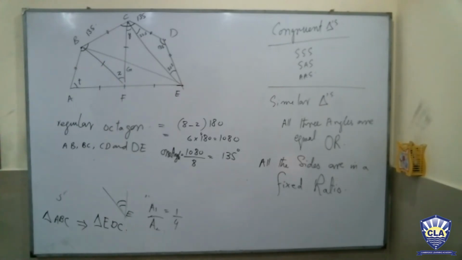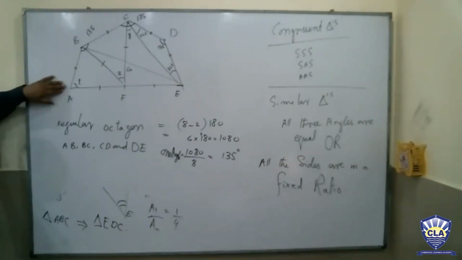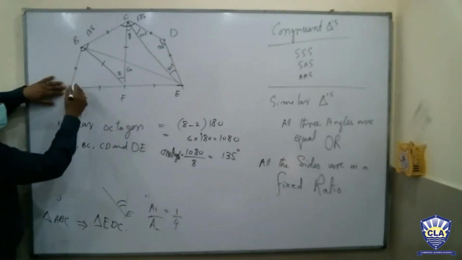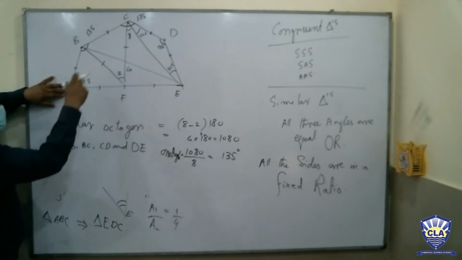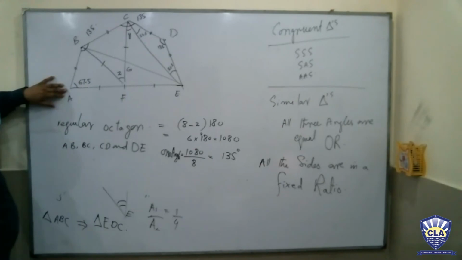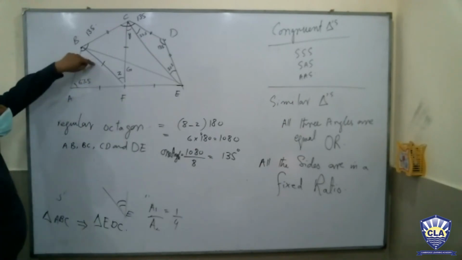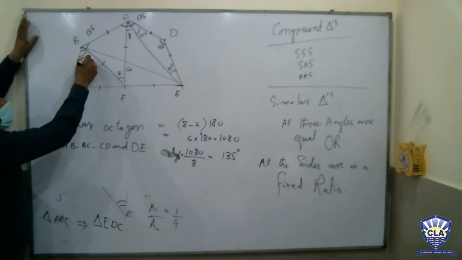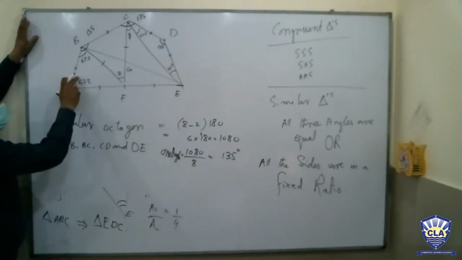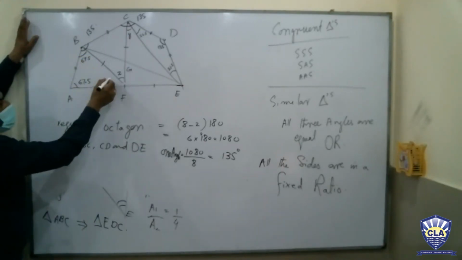Opposite. 67.5, 135 divided by 2. This side equals this one. When 135 is subtracted, you will get 45. Yes, sir, it is 45.